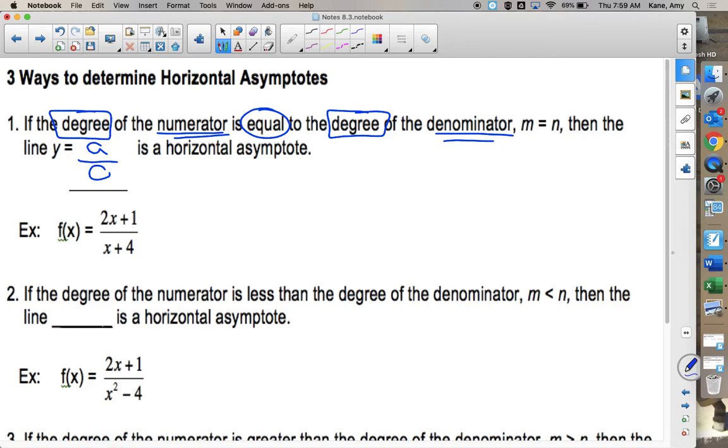What is a degree? Sadie, what's the degree? The exponent. Yeah, so the degree is the exponent of the equation. So if the degree of the numerator, which is really a 1, is equal to the degree of the denominator, then our horizontal asymptote, Sadie in this case, would be y equals 2. So when the degrees are the same, you're using the coefficients in front.